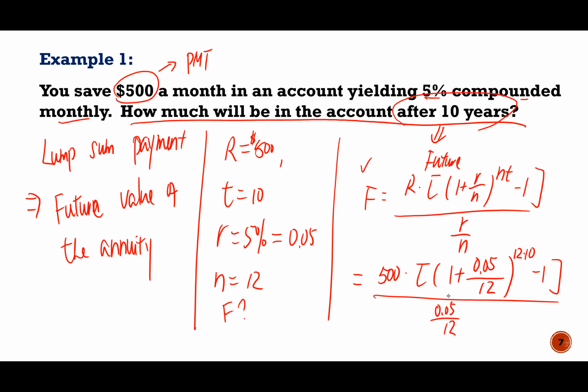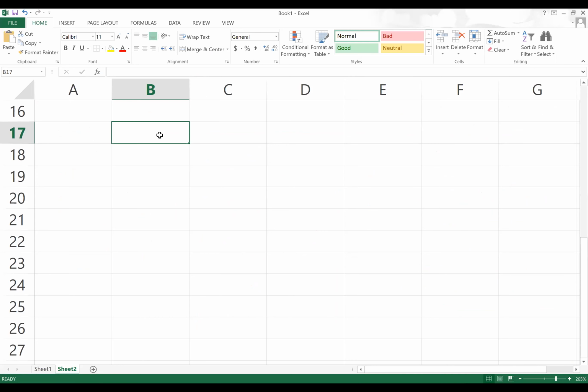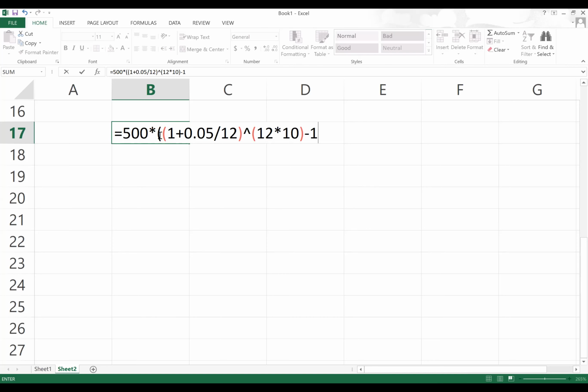Now again, you can just use Excel to get a result right away. You have to use either a calculator or Excel, otherwise it's going to be a very long calculation. So we're going to do 500 times open parentheses, from the numerator, 1 plus 0.05 over 12 raised to 12 times 10, minus 1.